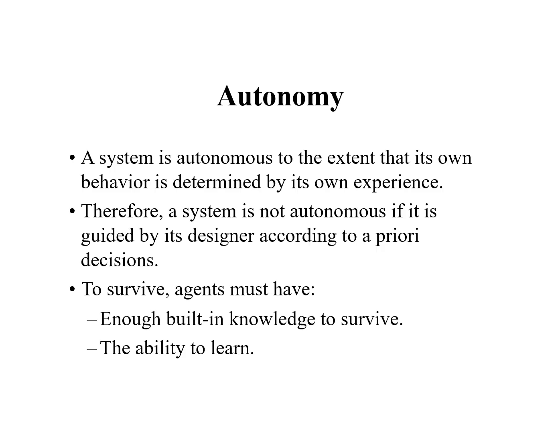It must have more training data available. If the designer provides the training set, the system doesn't acquire autonomy, while if the system itself has the ability to acquire training data, autonomy can be acquired.